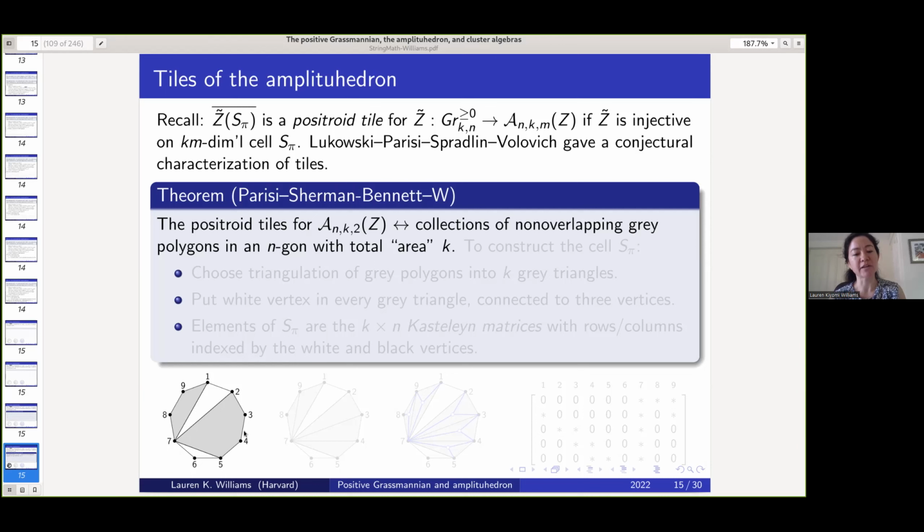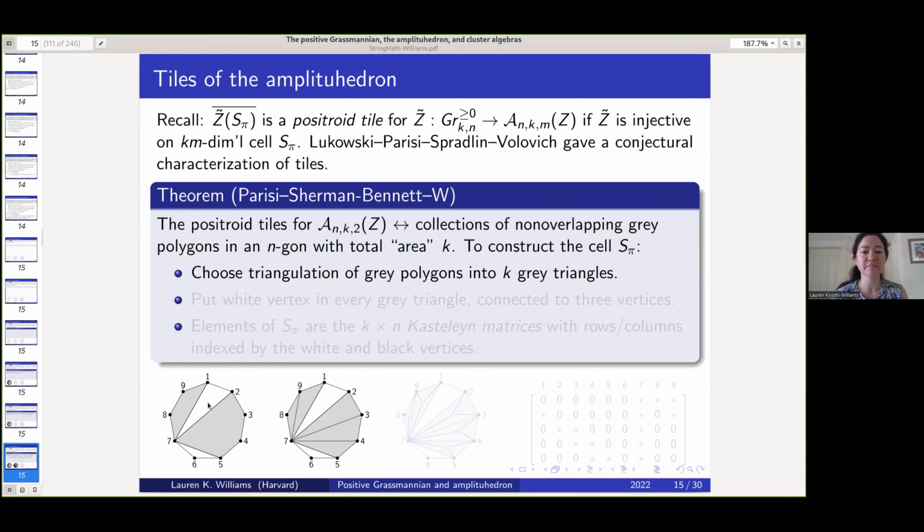And this gray polygon is a 5-gon, so I would get 3 triangles there. And so I would say that 2 plus 3 equals 5 is the area of these non-overlapping gray polygons. And such a picture gives rise to a tile as follows.